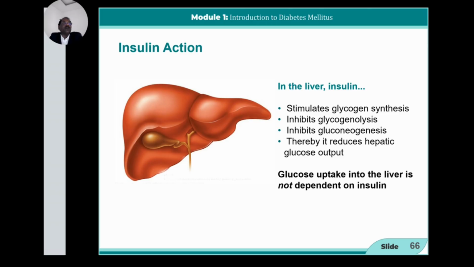Because of the neoglucogenesis, to survive the body. Then what happens to their hepatic glucose output? Insulin inhibits it; insulin deficiency increases it. So what happens to blood sugars in type 1 diabetes? Are they low or high? This is all because of the insulin deficiency. Am I clear?